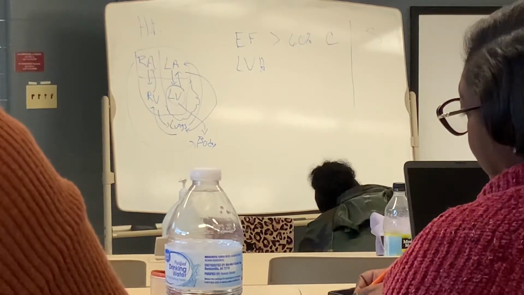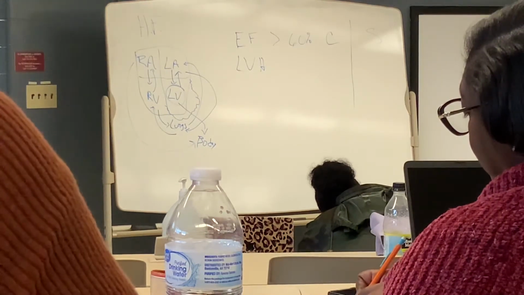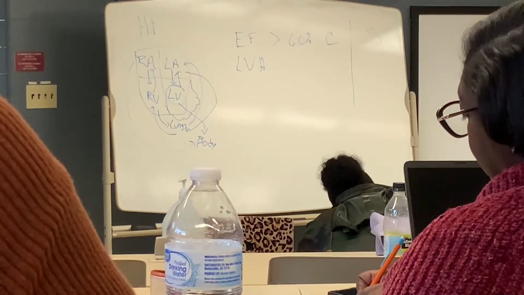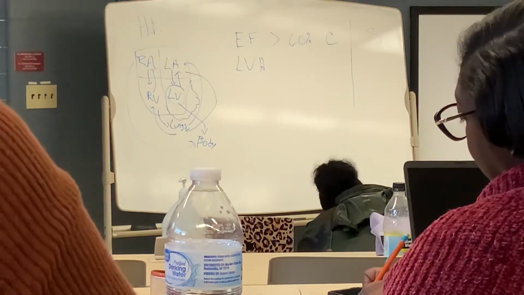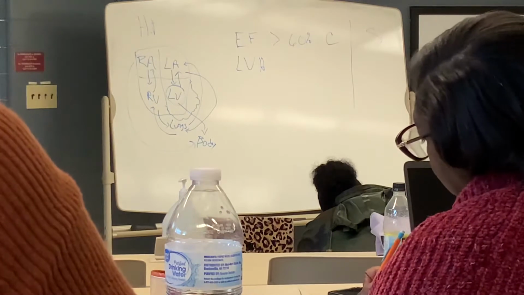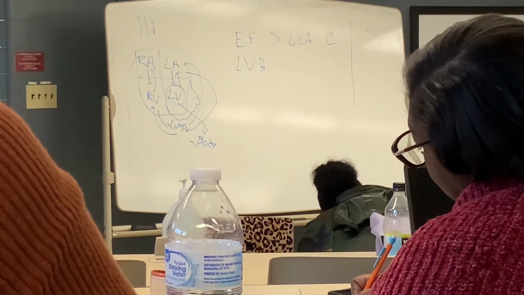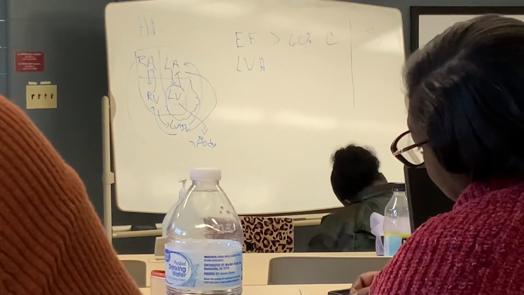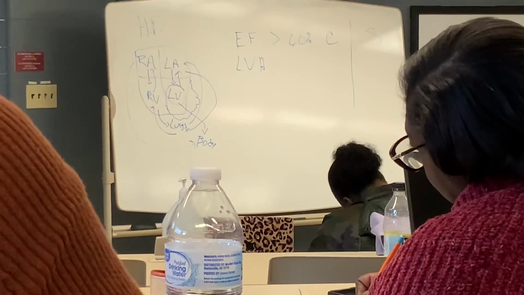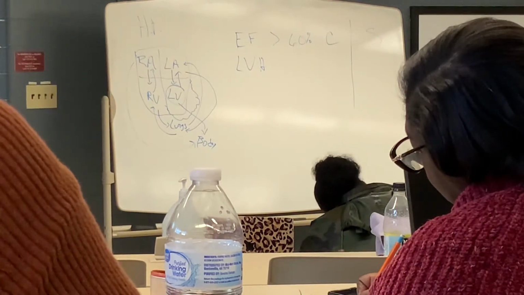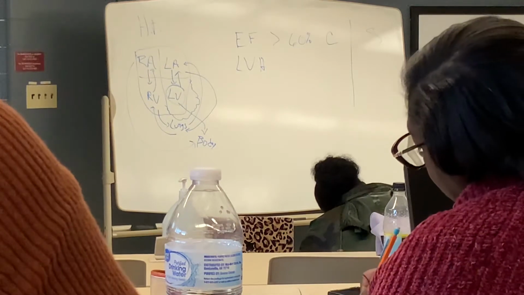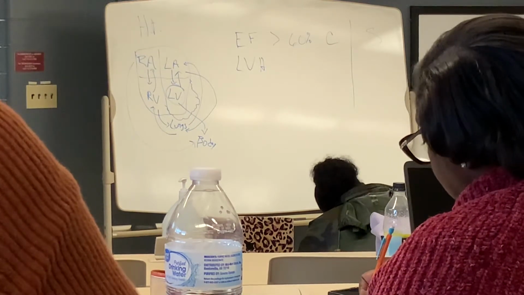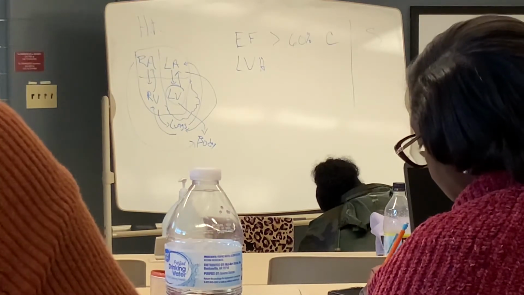Then class 2, okay? Class 2 is gonna be on your ordinary exertion, like what I just said for class 1. You're comfortable at rest, but on ordinary exertion, you start to have symptoms. If you get up and walk around this room, you may start to get some symptoms.